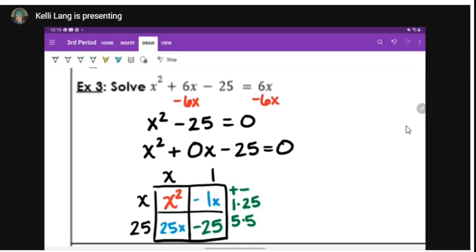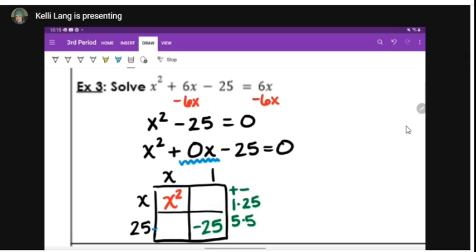If I subtract the 1 or if I subtract the 25, either way, I end up with a 24x or a negative 24x. But that doesn't match my middle term. This obviously is not going to work out.